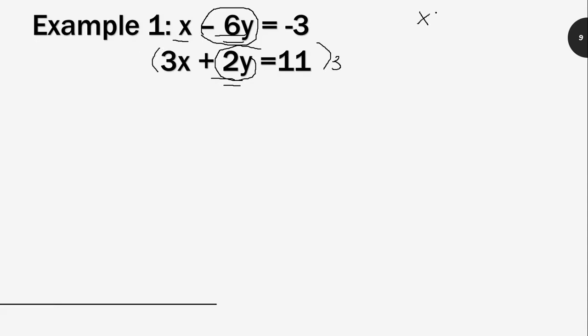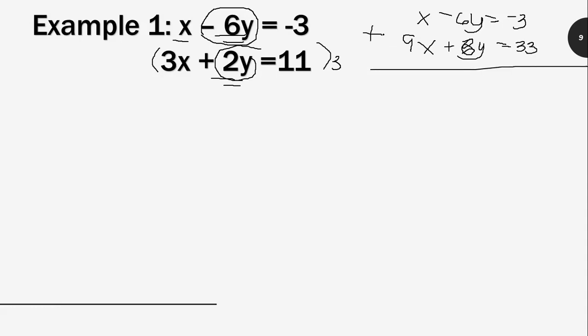So hindi natin gagalawin equation number 1. X minus 6y is equal to negative 3. Then 3 times 3x, we have 9x. 3 times 2y, we have 6y is equal to 3 times 11, 33.